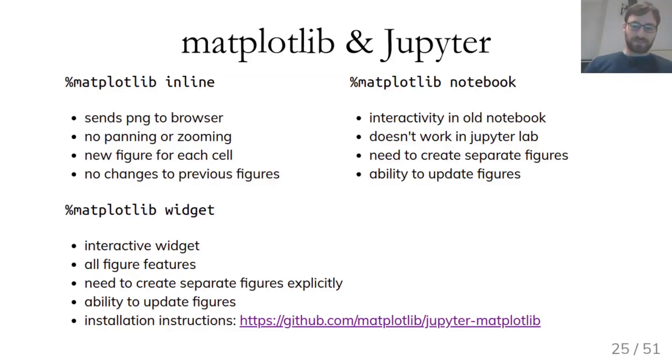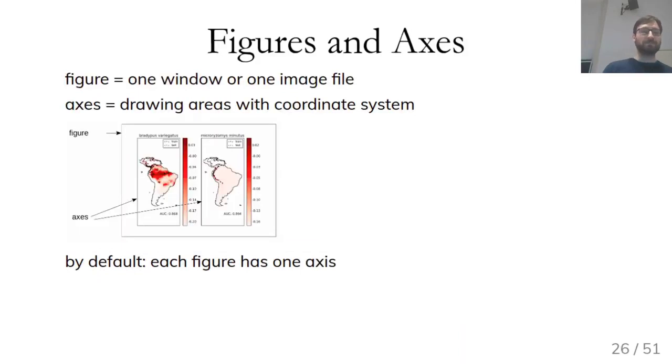All right, so now we finally have imported and set up our Matplotlib. Very briefly, some terminology. The two main objects that you're working with are figure and axis. The figure is usually one window if you pop it up, or one image file, or one interactive thing in the browser that has its own GUI.